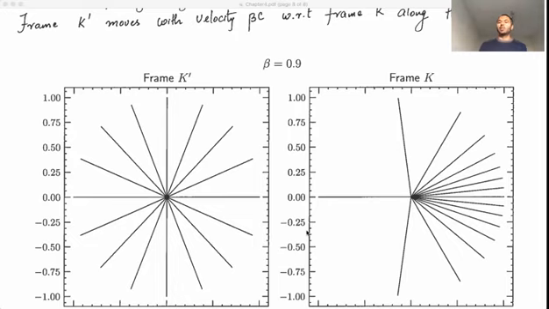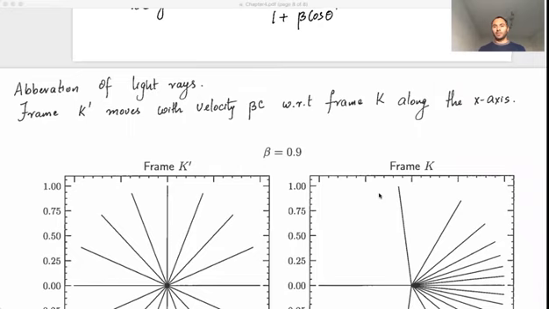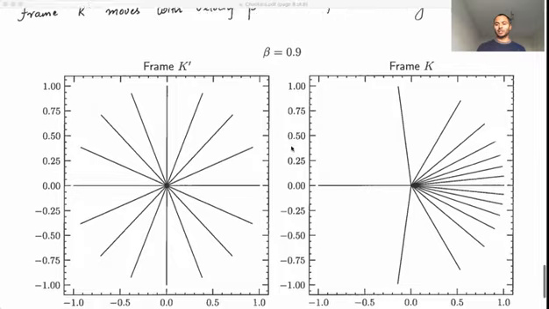But to you, it's going to look as if all of that radiation is concentrated in a very narrow forward cone, and you call that beaming. All that radiation is beamed in a certain direction. And again, that just comes from simple Lorentz transformations. You just find the equation for the transformation of velocity, and then you say what happens to light, right? So you just say, what happens to a particle whose velocity is always c in both frames. Yeah, and so that's the aberration of light.